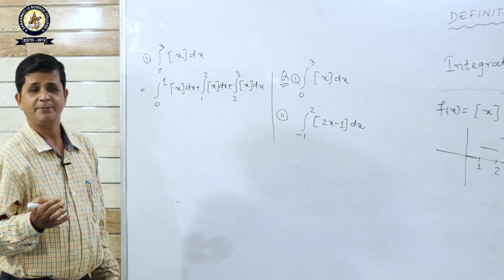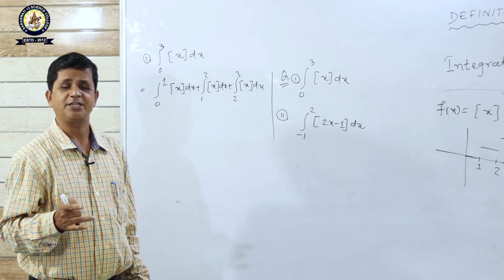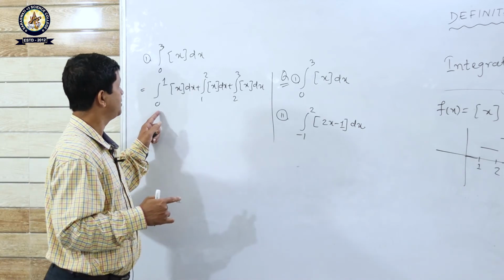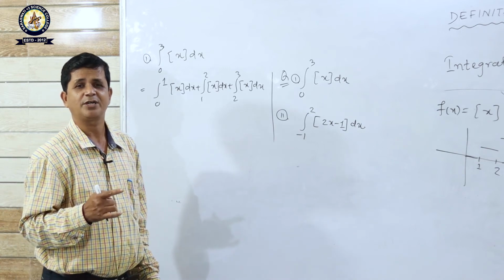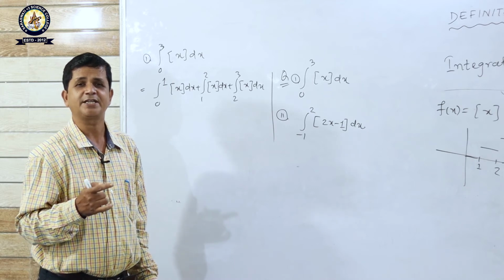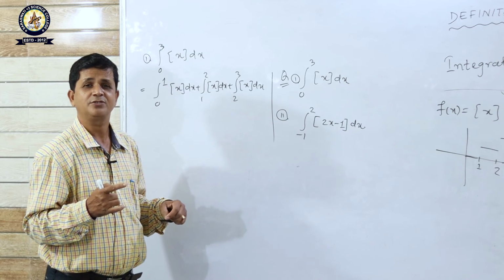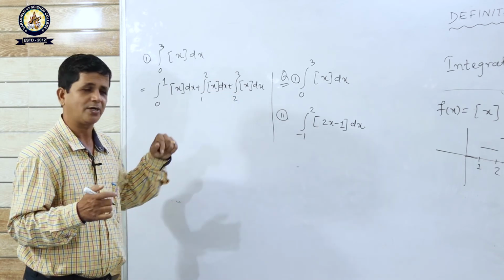Tell me any number in between 0 and 1, what is its greatest integral value? 0.2, 0.4, 0.5, all these numbers have greatest integral value 0. In between 1 and 2, the greatest integral value is 1. In between 2 and 3, the greatest integral value is 2, the lower value.